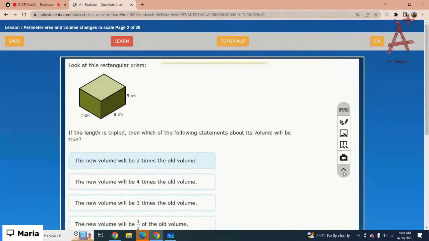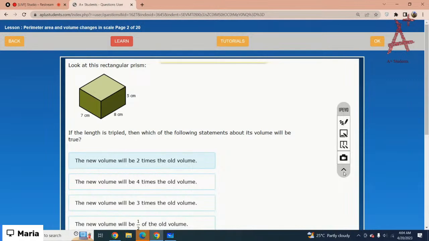The next one is, look at the rectangular prism. If the length is tripled, then which of the following statements about its volume will be true? So you have to calculate the volume of the rectangular prism. How do we calculate the volume of a rectangular prism?